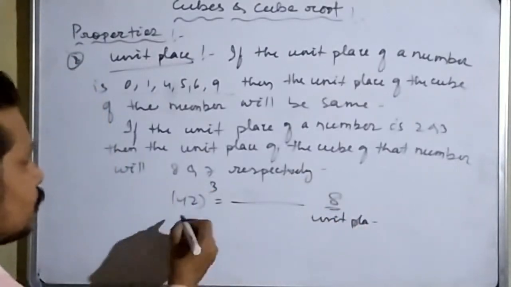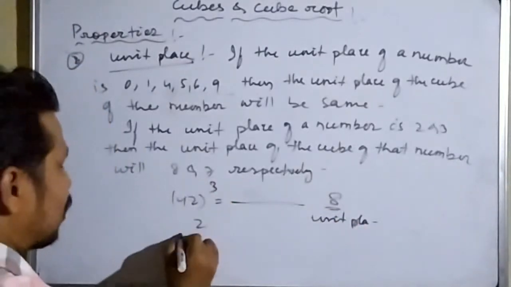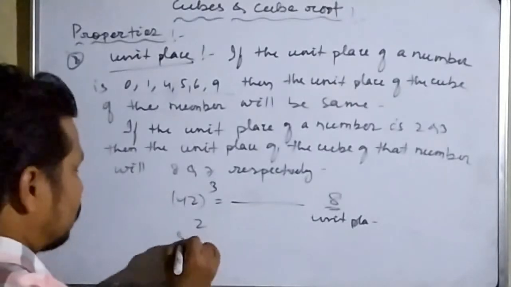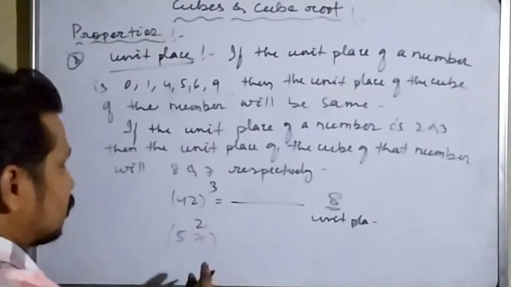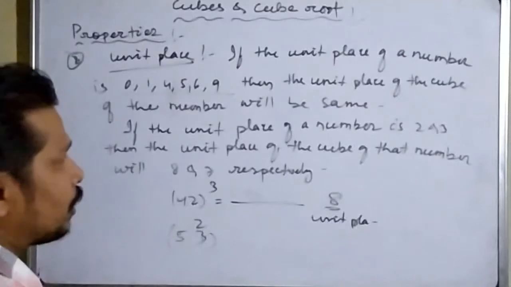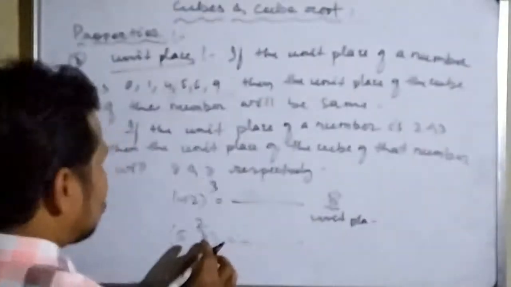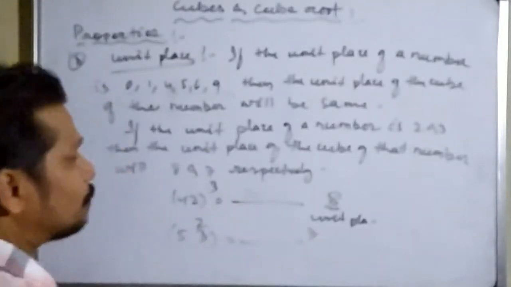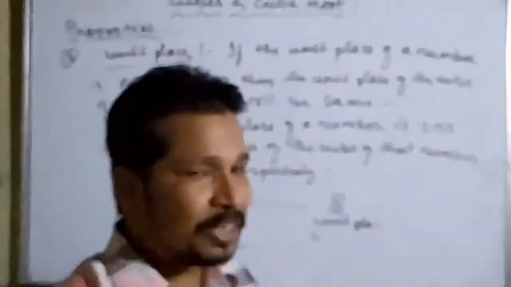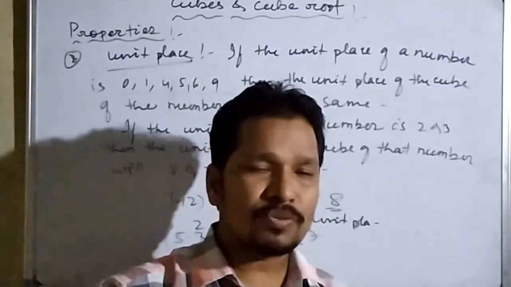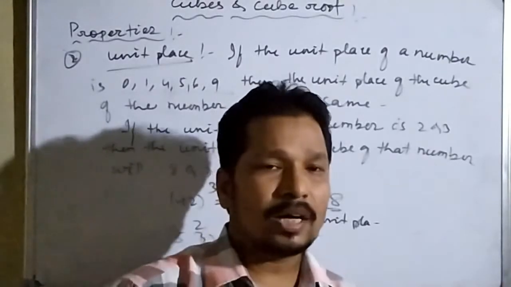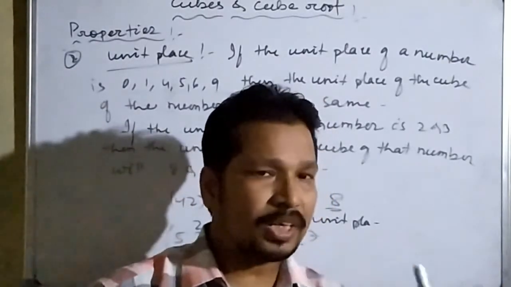Suppose we want to find the cube of 53. Here we don't know what the answer will be, but what will be the unit place? The unit place will be 7. If the unit place of a number is 2, then when we find the cube of that number, the unit place will definitely be 8.